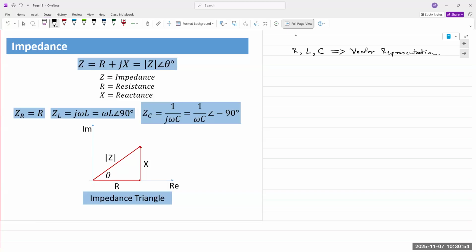Now, if you try to represent resistors, inductors, and capacitors as a vector for AC sources, well, resistors behave exactly the same way for AC as they do for DC.